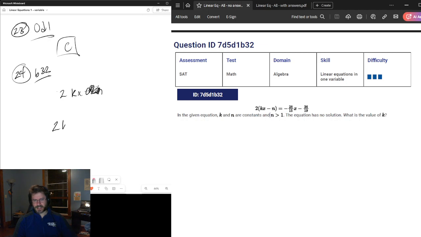So 2k is equal to negative 28 over 15. Divide the 2 over, you get k equals negative 28 over 30. That would reduce, of course, by dividing by 2, the greatest common factor, and you get negative 14 over 15.